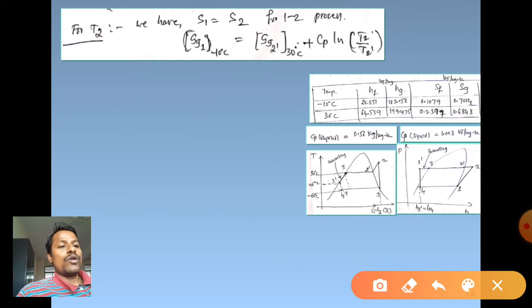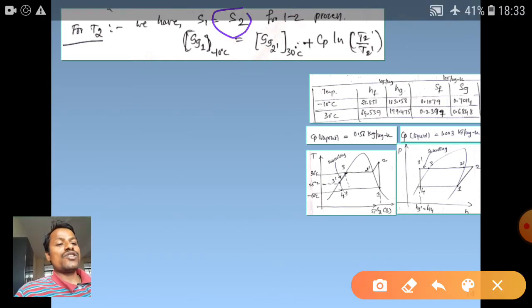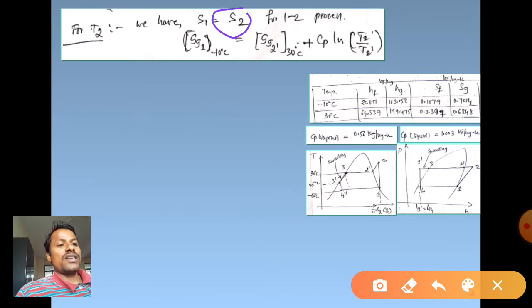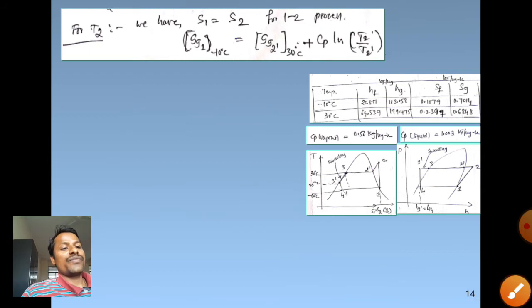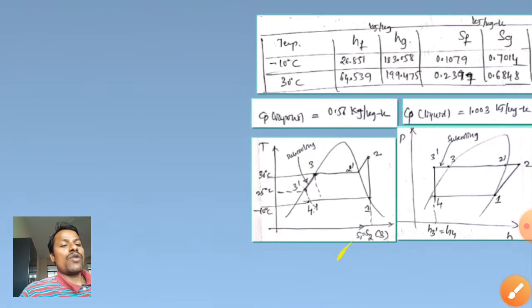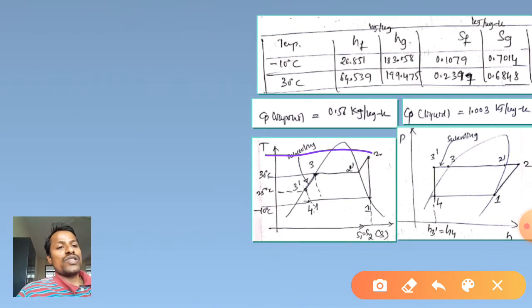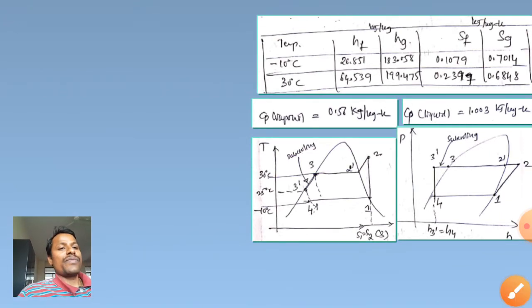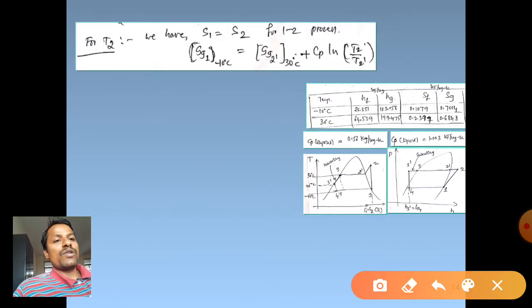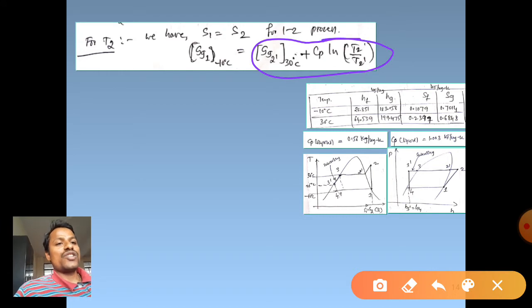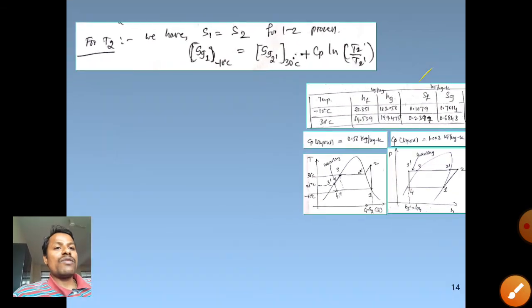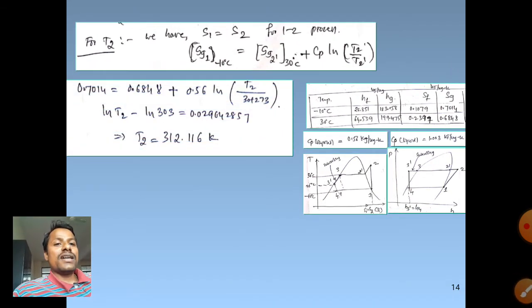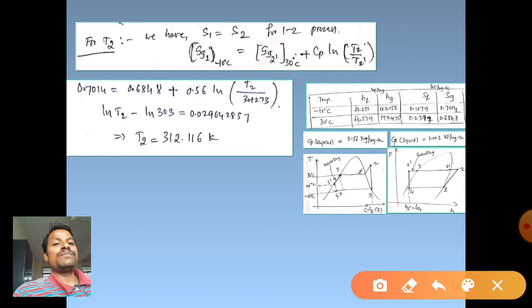S2, the entropy at state 2, is in the superheat state: Sg2 dash plus Cp ln of T2 upon T2 dash, where T2 is the superheat temperature and T2 dash is the saturation temperature. This is the formula from basic thermodynamics. If I apply this formula, I will be able to calculate T2, the superheat temperature.